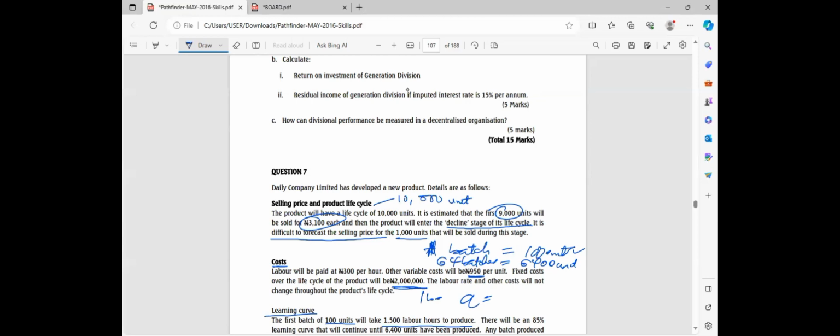And then the product will enter the decline stage of its life cycle. It is difficult to forecast the selling price for the 1,000 units sold during this stage. So it is that 1,000 that I want to estimate. What will be the average selling price of these 1,000 units?